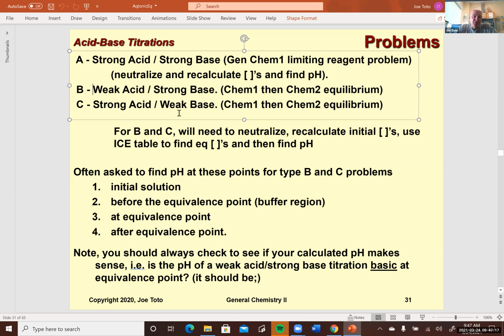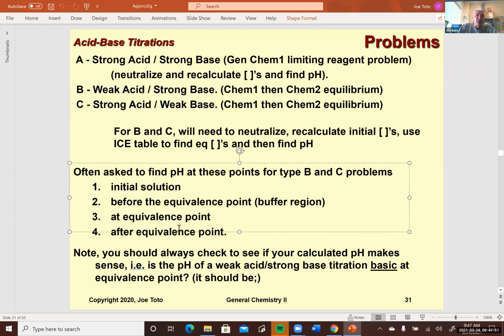And if it's before the equivalence point, then we have some of that weak left over. And we need to write up the ice table for that and figure out how much is left over and its new concentration, figure out the concentration of the conjugate that was created at that point in time in the titration, and add that to the ice table. And we'll see how to do these types coming up.